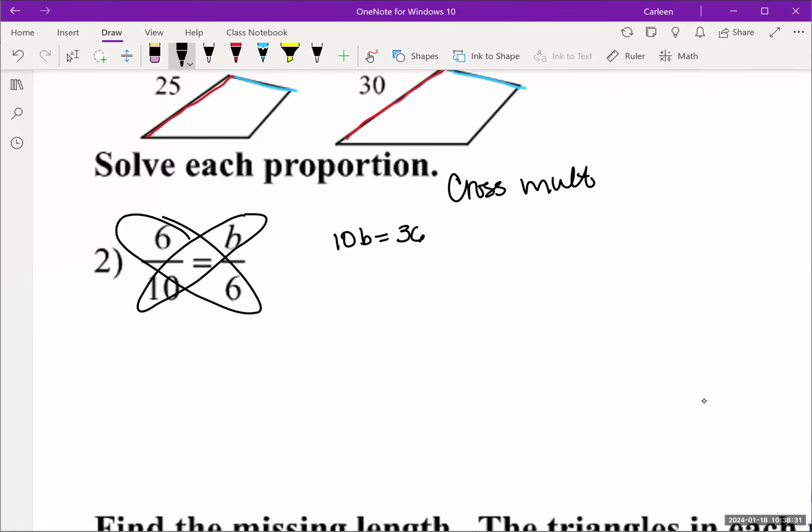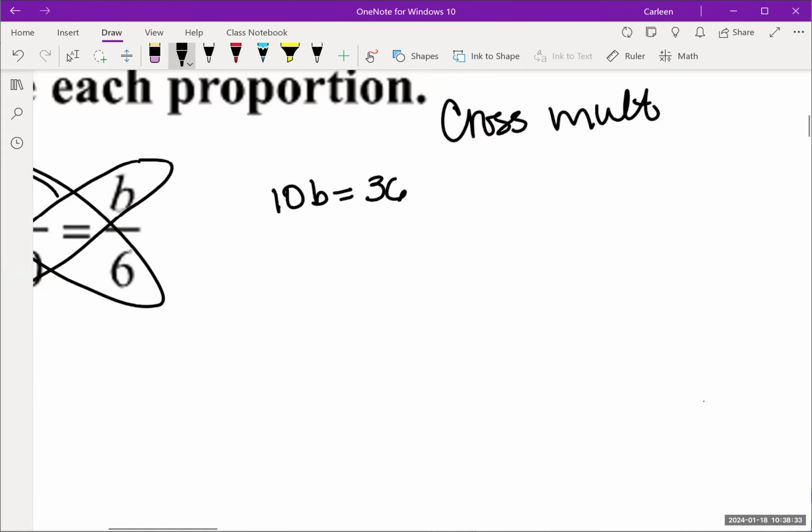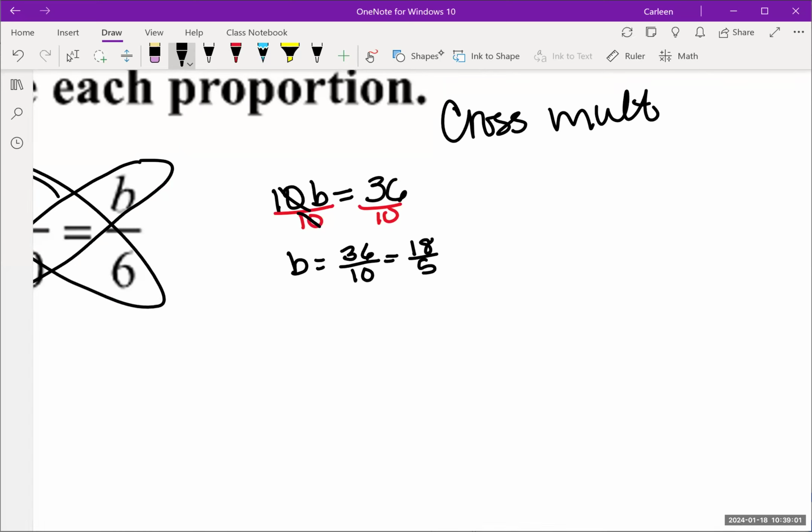Yeah. And what is the next step of solving this equation? Divide by 10. Okay, so we cancel those. B equals, we can say 36 over 10, which would reduce, we can divide them both by 2, 18 over 5.